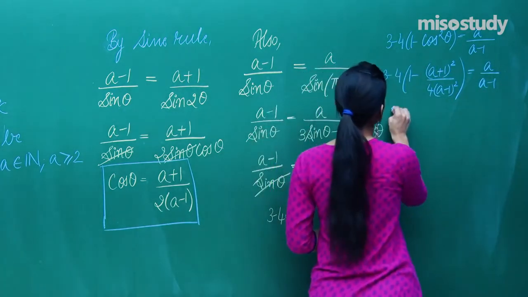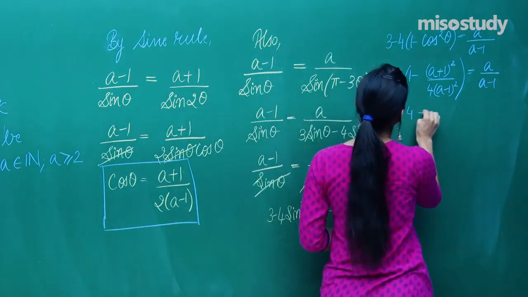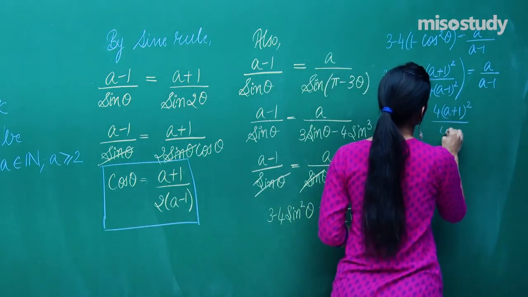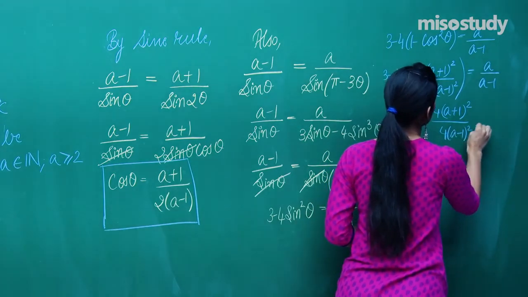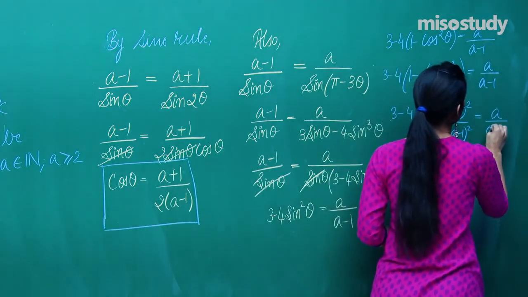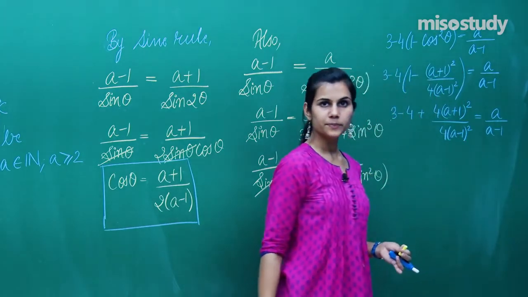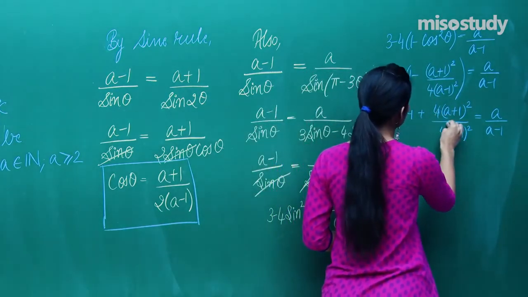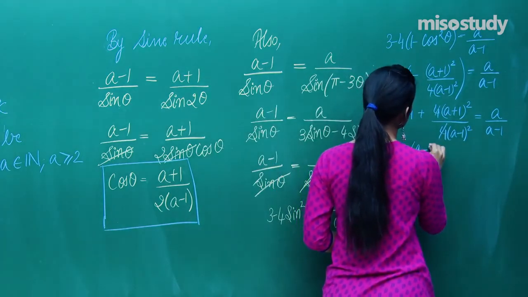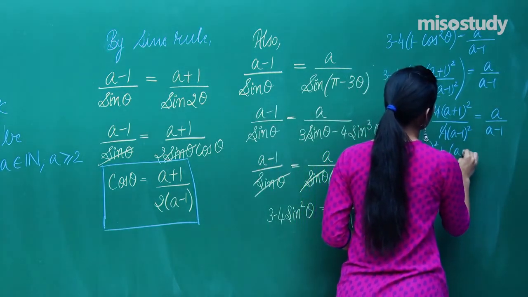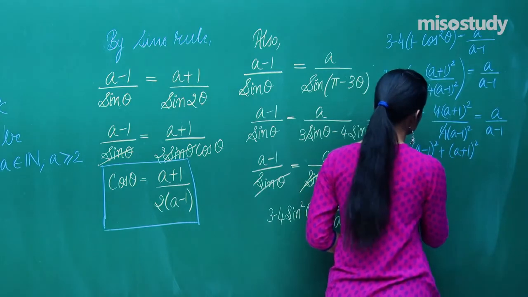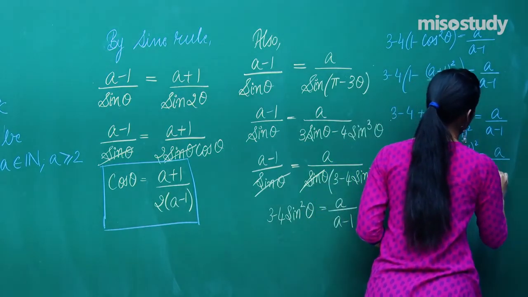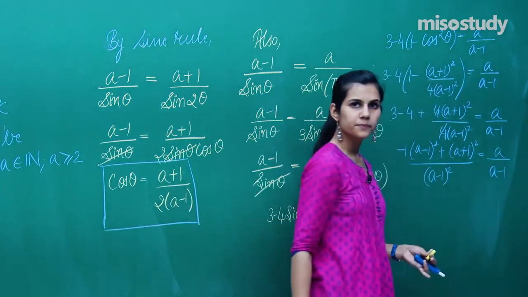Now this means 3 minus 4 plus 4 into (a plus 1) whole square upon 4 into (a minus 1) whole square is a upon a minus 1. 3 minus 4 is minus 1. This 4 gets cancelled. So minus 1 into (a minus 1) whole square plus (a plus 1) whole square, whole upon (a minus 1) whole square is a upon a minus 1.